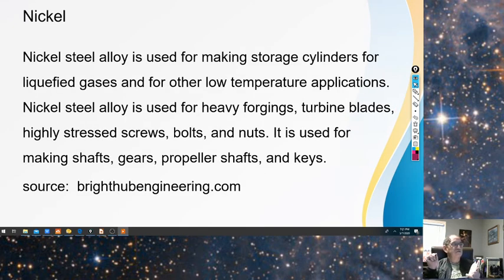Nickel steel alloy. Just the first line. What do we use it for? Nickel steel alloy. Just the first line. I'm going to put right here, first line.